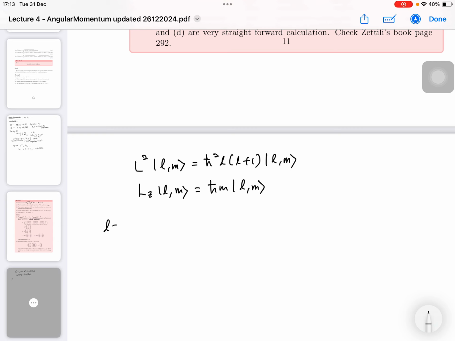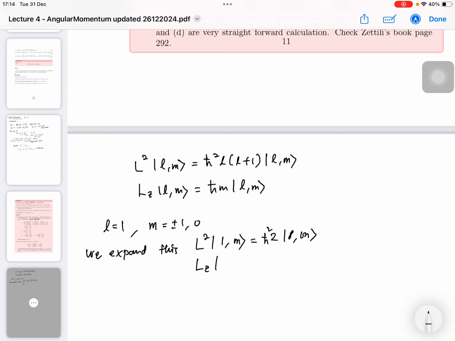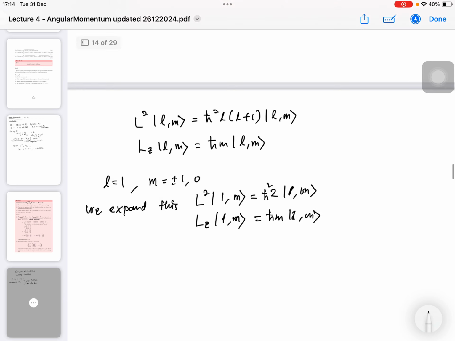Now if your L is 1, it means that your M is plus minus 1, 0. So we expand this. Then L square on 1, m always gives you 2 h bar square times 1, m, and Lz on 1, m becomes h bar m times 1, m.